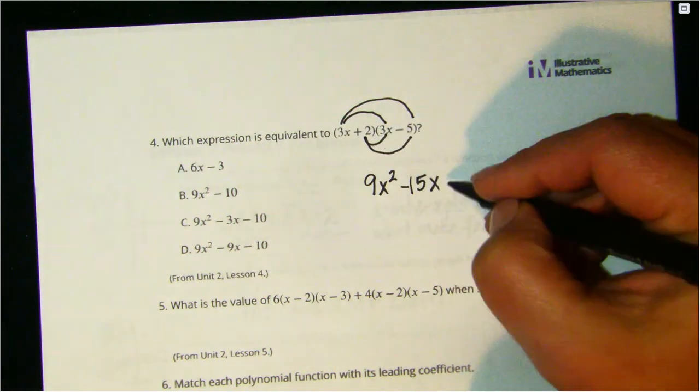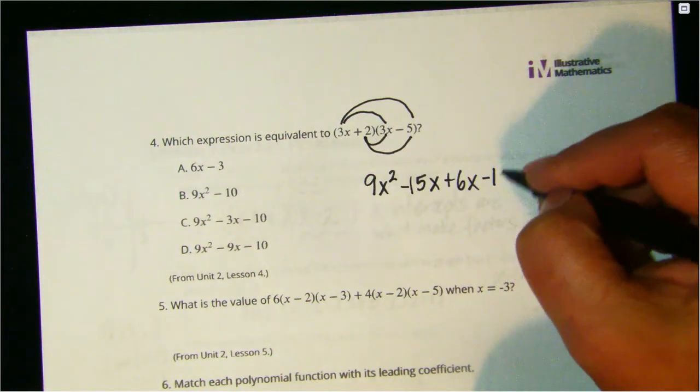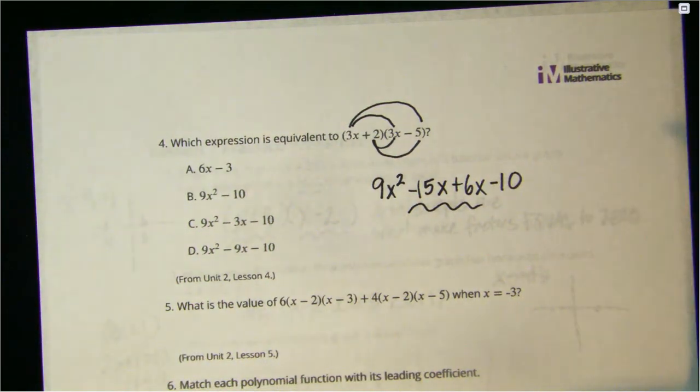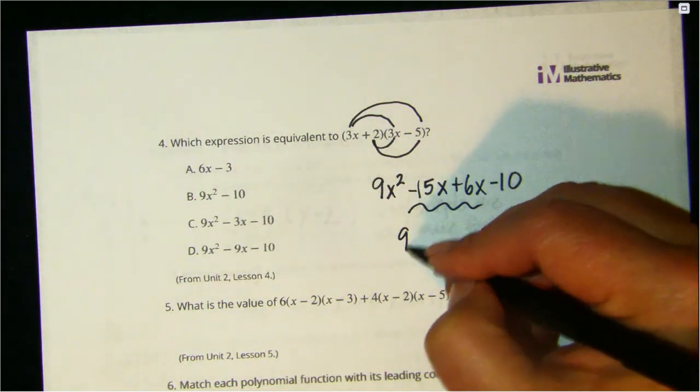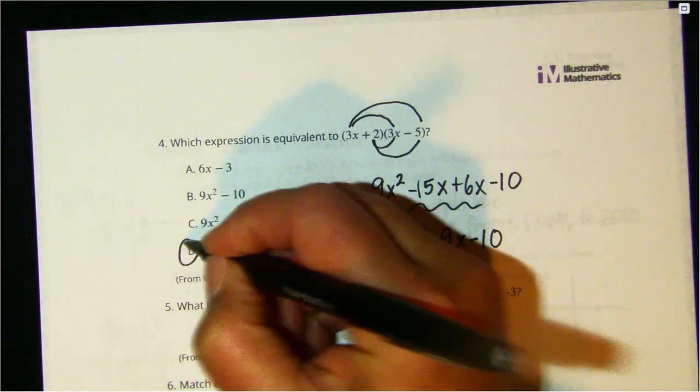And 2 times negative 5 is negative 10. If I put those two together, negative 15 plus 6 is negative 9. So it's 9x squared minus 9x minus 10 right there.